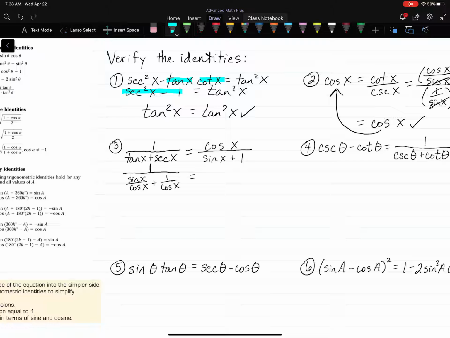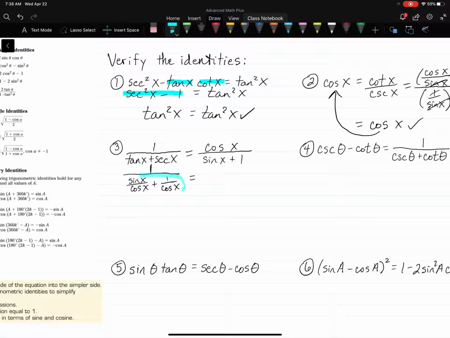I can add these up to make one fraction because they have a common denominator, which is cosine x. So that will be 1 divided by sine x plus 1 over cosine x. And then the last step is to do your math. We're dividing 1 by a fraction, so we're going to multiply by the reciprocal on top and bottom.